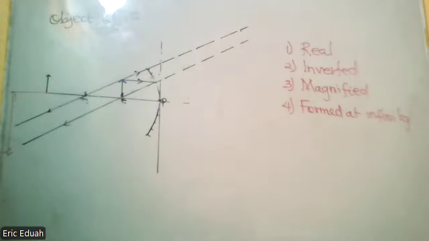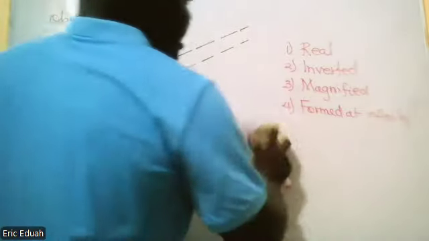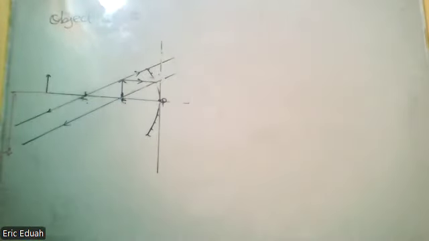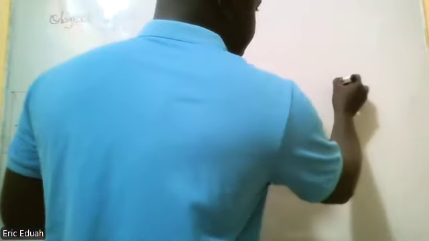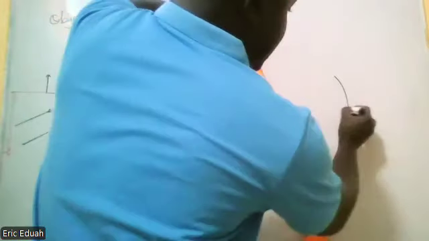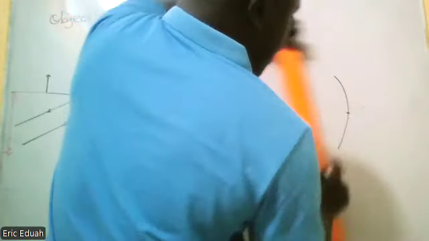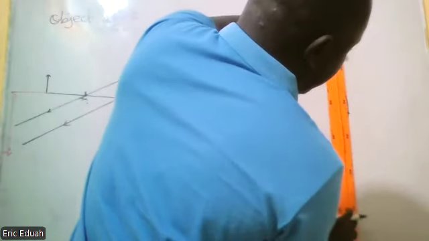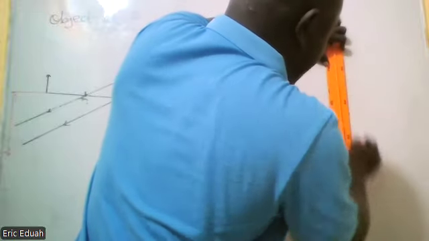So let's draw a ray diagram for an object placed at infinity, and look at where the image will be formed. So we draw another mirror. A vertical line indicates the center. A vertical line at the back to cater for reflection beyond the aperture of the mirror.